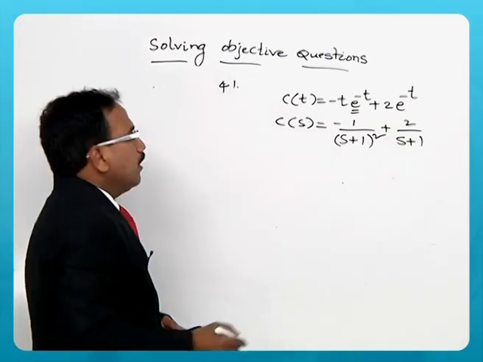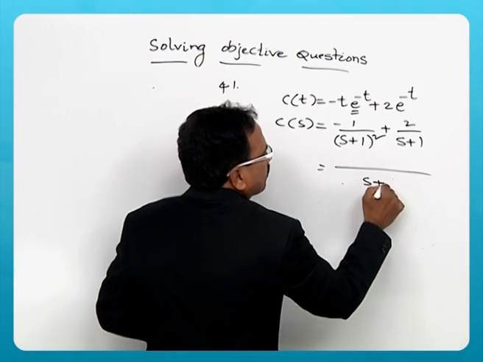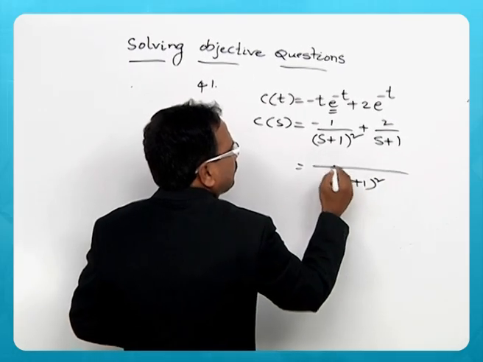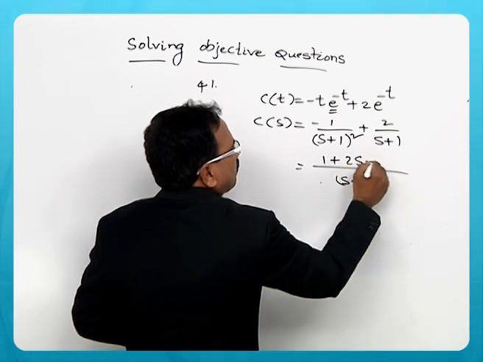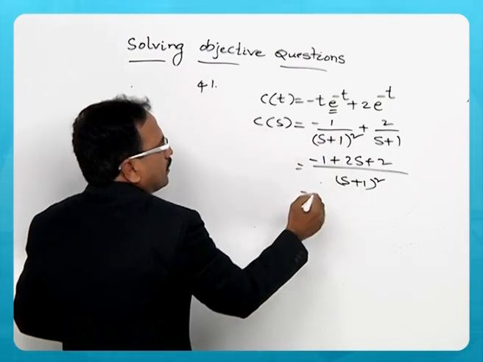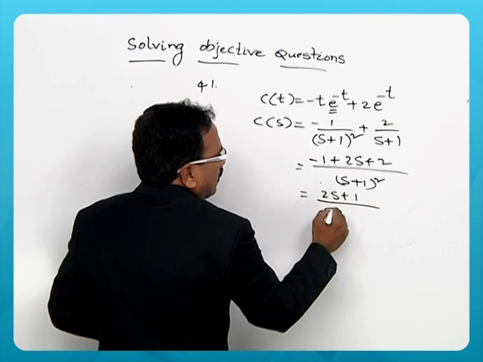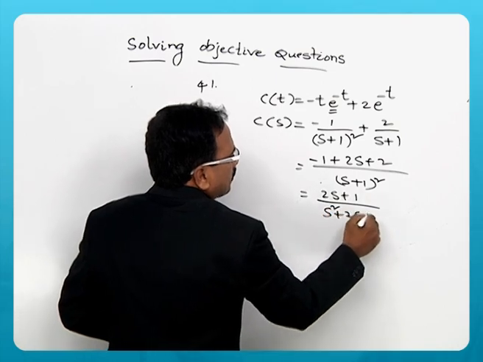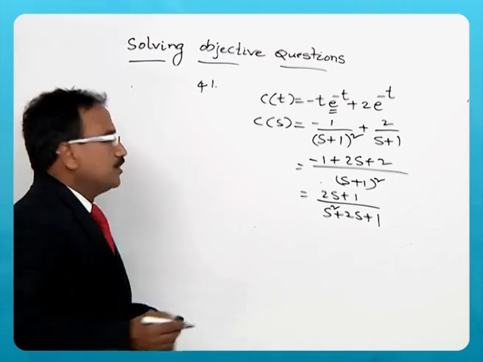This is the Laplace transform of that. You can simplify this: (s+1) whole square, 1 plus 2s plus 2, and this is minus 1. So (2s+1)/(s²+2s+1) is the closed loop transfer function.